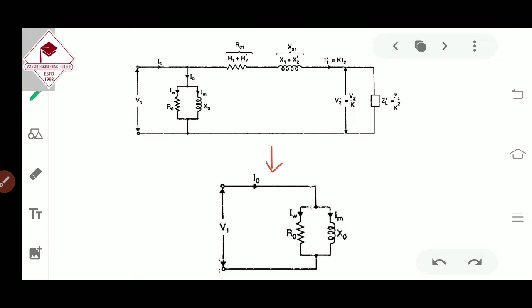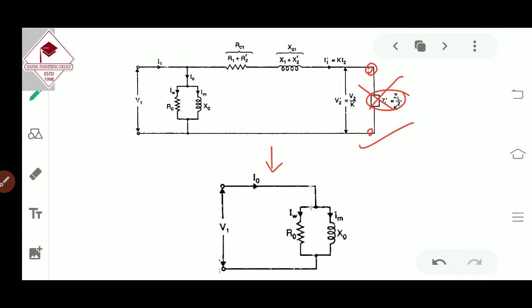Okay, now let us calculate the different parameters like R0, X0 and core loss. See, this is the equivalent circuit diagram for single phase transformer. Since in open circuit we have to keep the secondary side, that is high voltage side, open circuit, here at the load we will not connect any load, rather we will keep this open circuited.